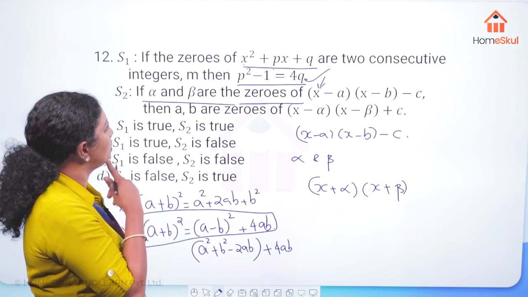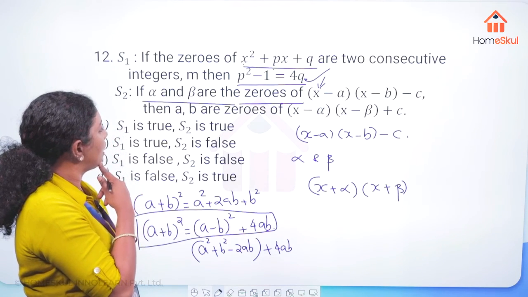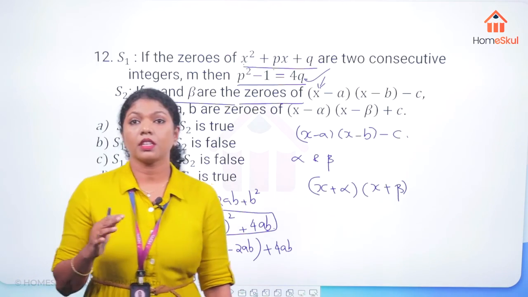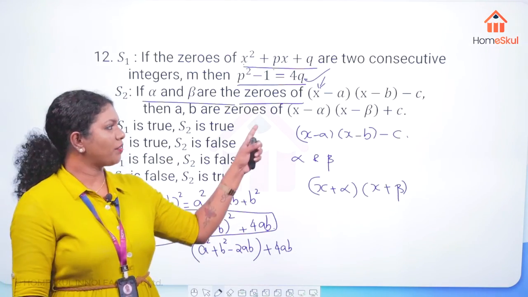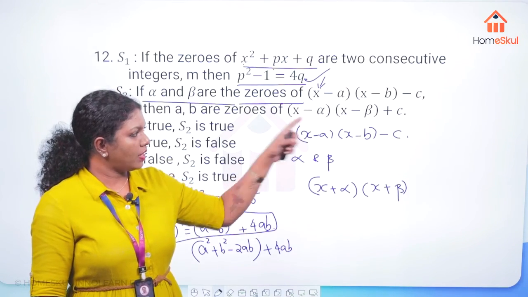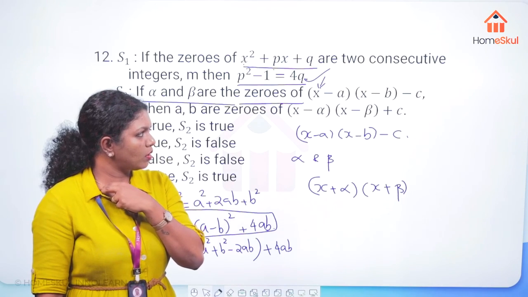Now, a and b are zeros of x minus alpha into x minus beta plus c. Okay, I'm getting stuck. How can we do this? Since they asked me to wind up, I just got stuck. We need to find the quadratic polynomials.